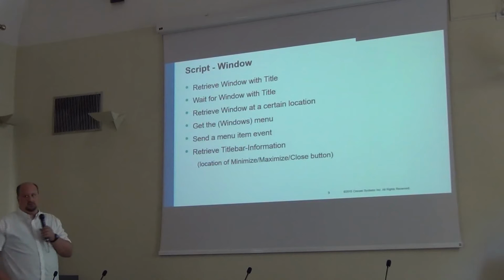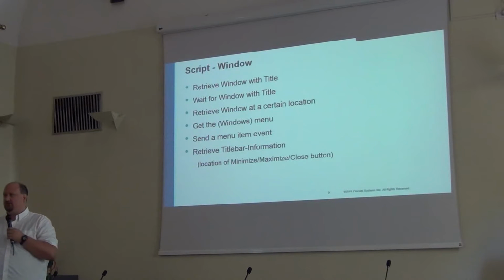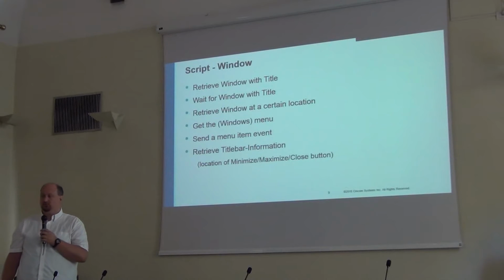Get the Windows menu. And Windows menu here is there on purpose. I can get to any regular style menu, any native menu that you have. Unfortunately, I cannot get to the Visual Works menu. If it's from an outside process, I cannot ask the window if there is any menu associated with that, because it just tells you, no, there isn't.